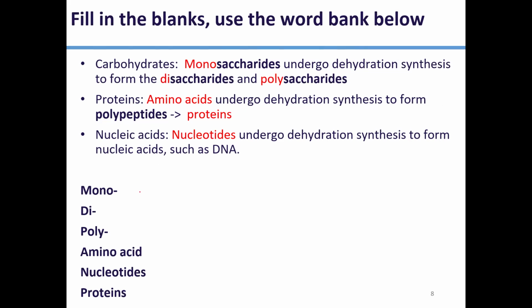What I'm going to do is quickly touch on a couple of things just to make sure that everybody's on the same page. It's important to understand some of these prefixes. So mono, remember, is 1, just like a monocle is just one piece of glass over the eye. Di is going to be 2, just like a pair of dice. You'll have 2 of them.